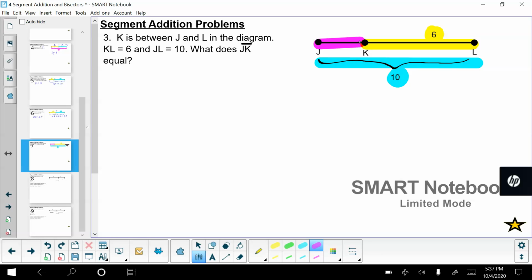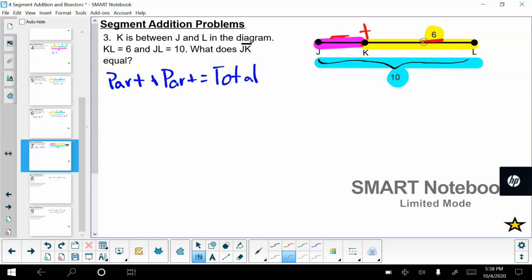Now that you've had a little bit of time to figure this out on your own, or hopefully to at least give it an attempt, let's check your answers. And once again, we're going to be going back to the segment addition postulate, which says part plus part equals total. We do have some of those pieces. You would take the first part, which would be JK, and add it to the second part, which is KL, which is 6.